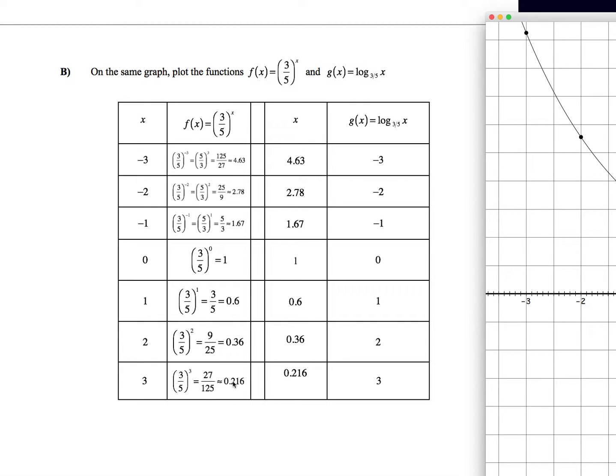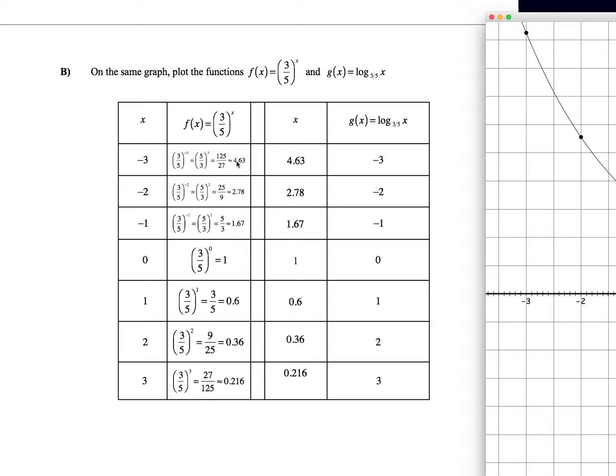So what was down here, 5/3 raised to the third power, was 4.63. It's now up here, because 3/5 to the -3 is the same thing as 5/3 to the +3.